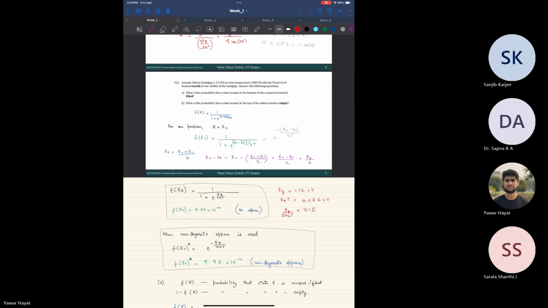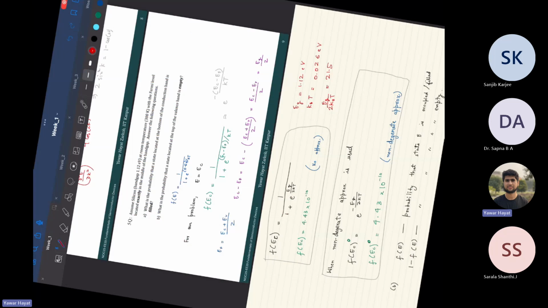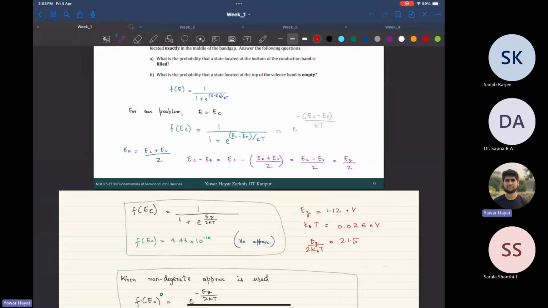So in the last session, we were joined live by two students, and they requested that we divide this session into two parts.